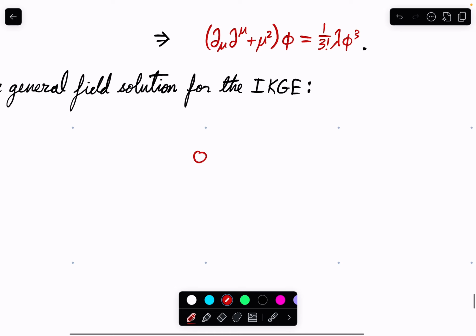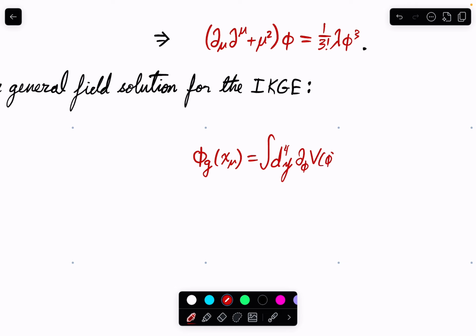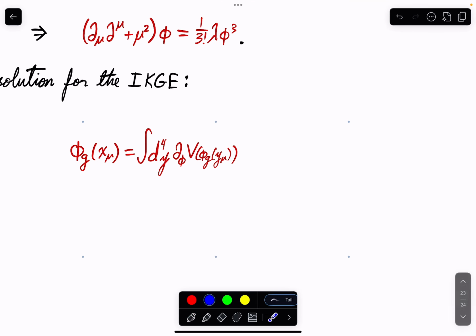And this is phi g of x mu, integral over space, then the derivative of this interaction term, which is a function of the general solution in this alternate position space, different from this position space, then times the special solutions, x mu, y mu.